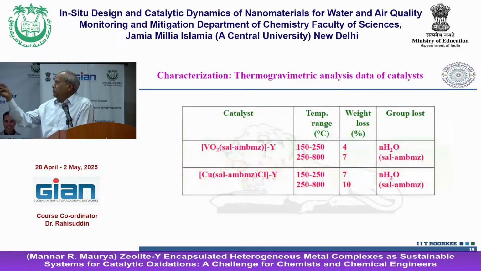Okay, TGA is giving 7% or 4% loss up to 100, and up to 800 how much loss is there; between 250 and 800, 10%. Because neither alumina nor zeolite is going to decompose. But that gives you a feeling: in the beginning, when you heat it, say 150 to 250 degrees, below 125 there may be some moisture and other content that can come out from the cavity of the zeolite.